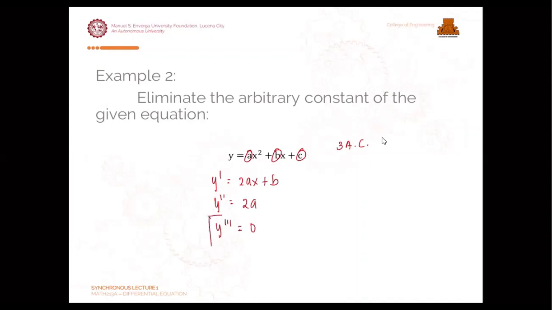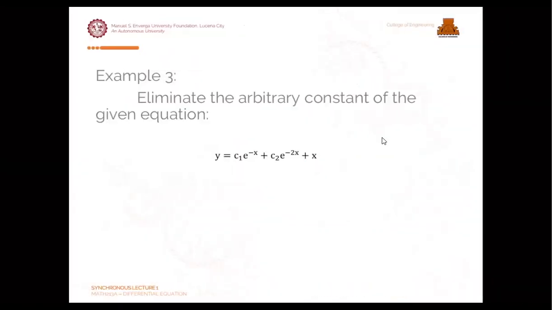Ito yung sagot natin dyan, this is the required equation. Doesn't matter kung naging 0 yung value, as long as alam niyong by applying elimination ng arbitrary constant, na tatlong differentiation required. Wala kayong magagawa kundi i-accept na 0 talaga yan yung function na hinahanap para dun sa given problem na yan.